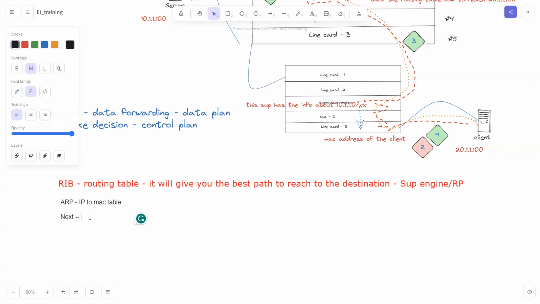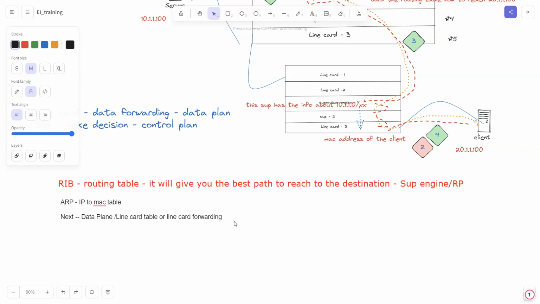Next you have the data plane, or line card table, or line card forwarding, right? So line card table, line card forwarding.